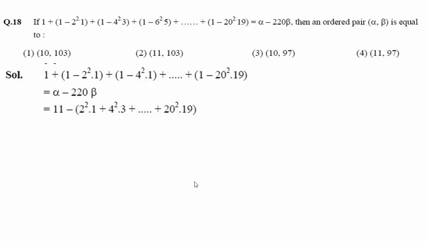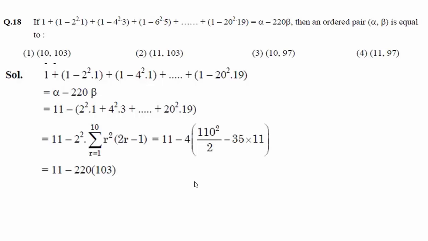It is given that the sum equal to alpha minus 220 beta. This is equal to 11 minus 2 square into 1 plus 4 square into 3 plus 20 square into 19.